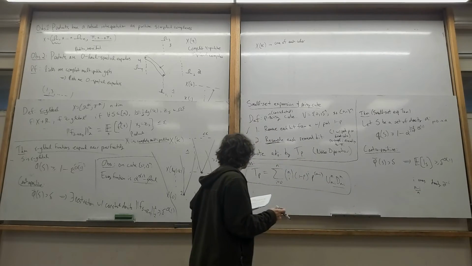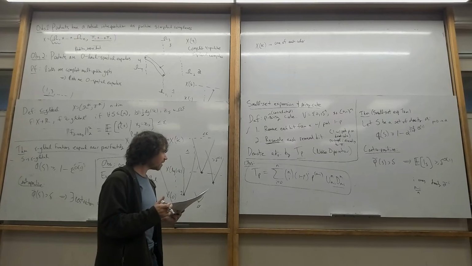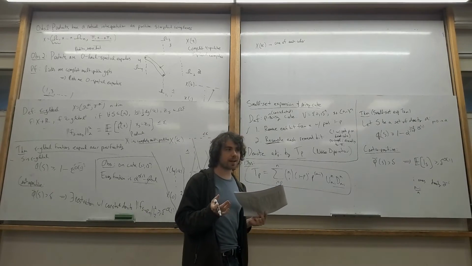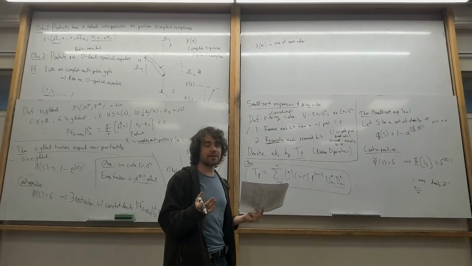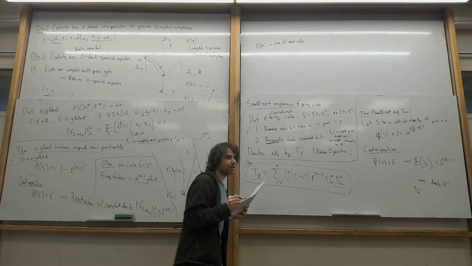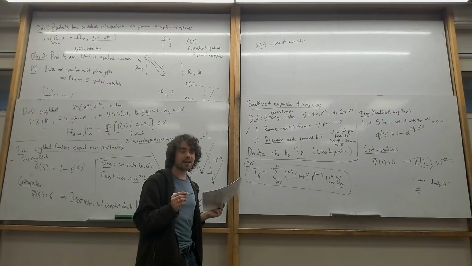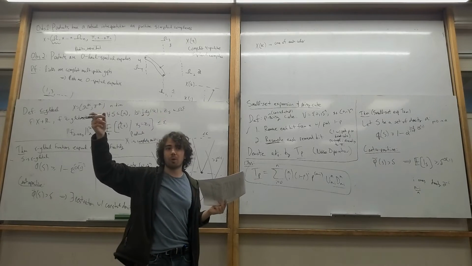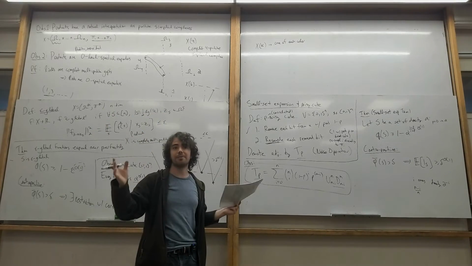The other reason you might not expect this to work is that there are a lot of behaviors on bounded degree simplicial complexes that are very quantitatively different from products. For instance, if you look at the mixing time of this operator on a product versus a bounded degree complex, it'll be extremely different. Because on a product, you just have to resample every coordinate once, and then there's no dependencies, so you're immediately mixed.